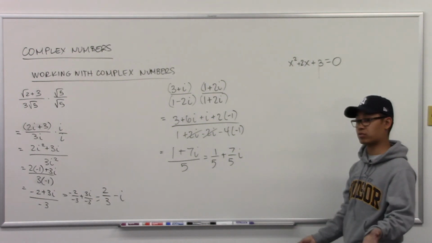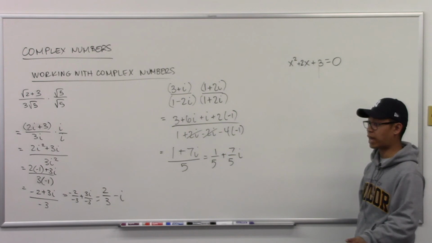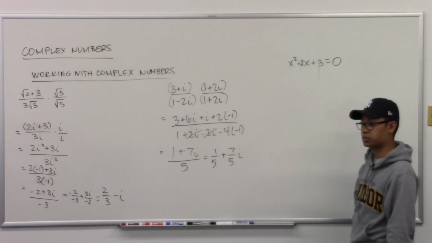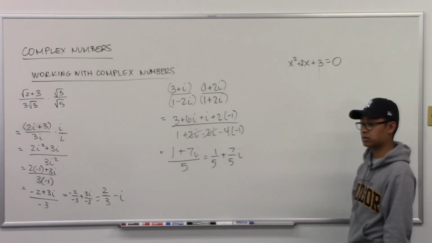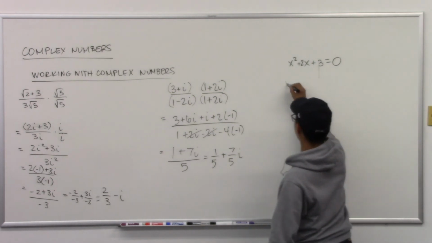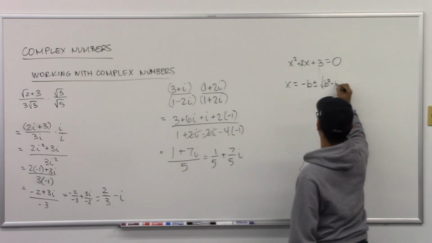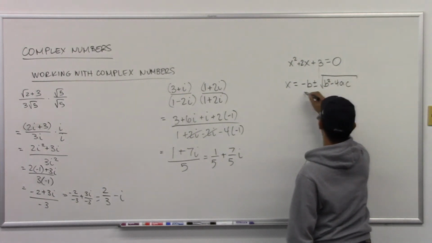So now you would have to do what? If you cannot factor, how do you solve a quadratic equation? Quadratic formula, which is x is equal to -b plus or minus the square root of b squared minus 4ac all over 2a.